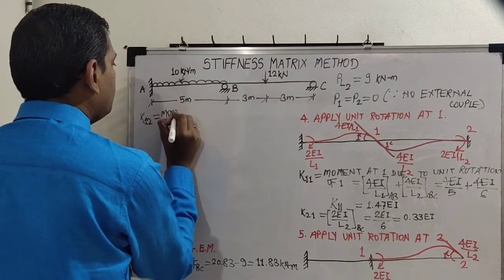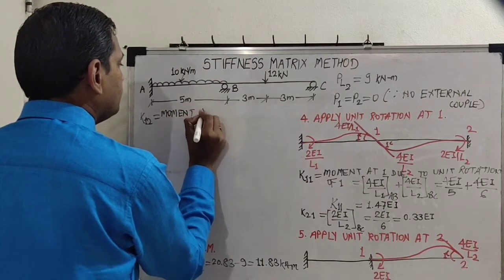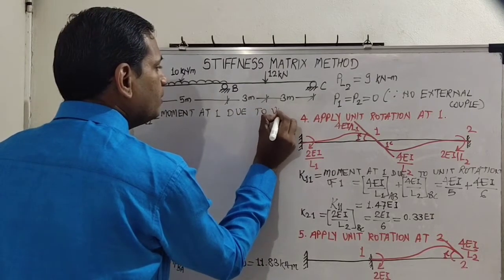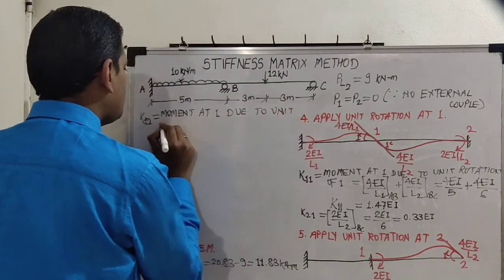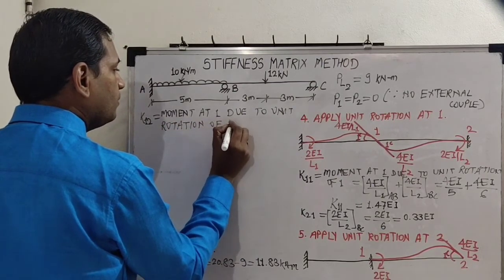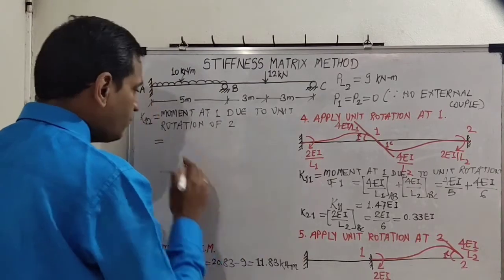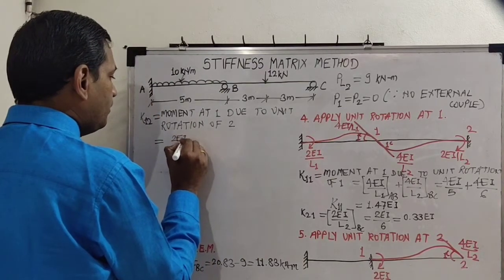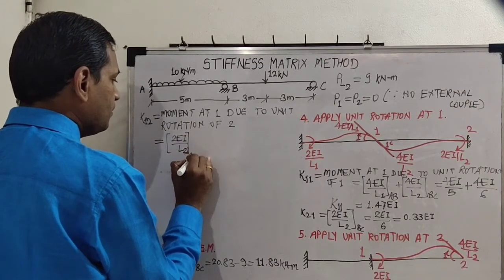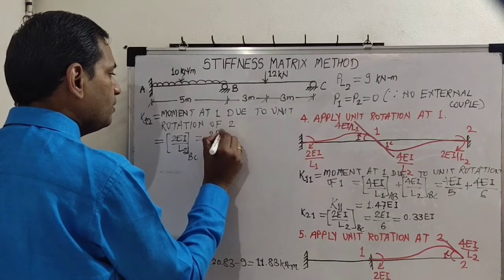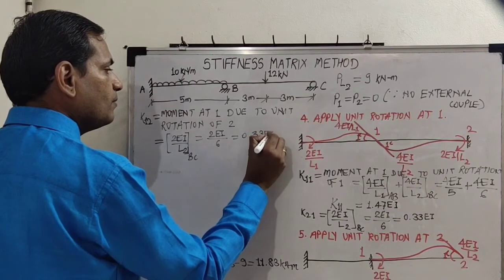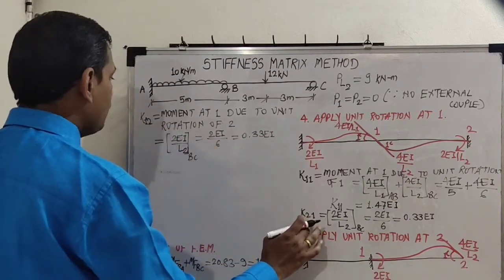Moment at 1 due to unit rotation of 2. So what is the value? 2EI by L2, again for span BC. So 2EI by 6, which is again 0.33EI, matching with K21.